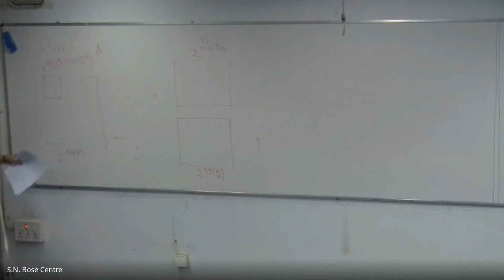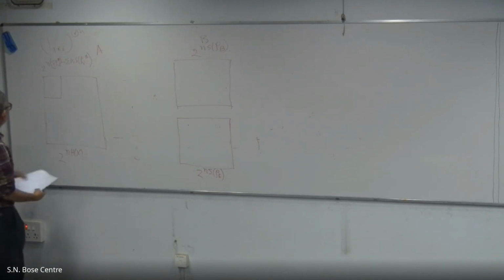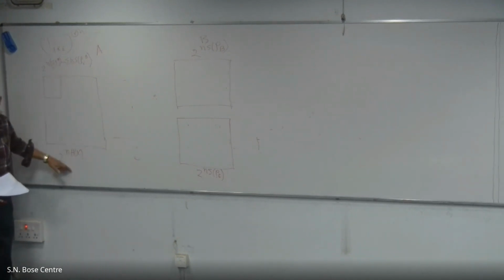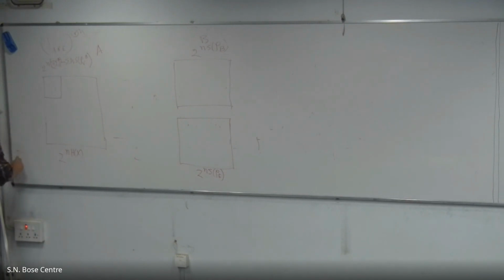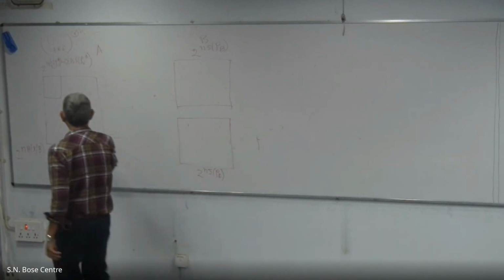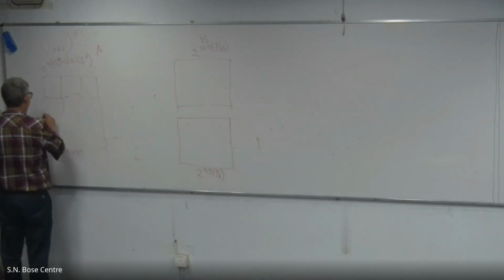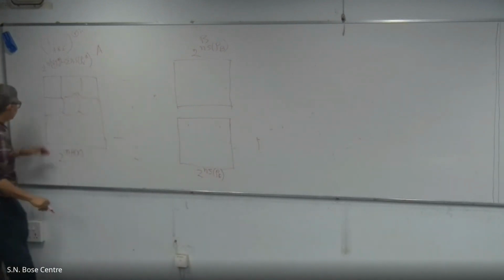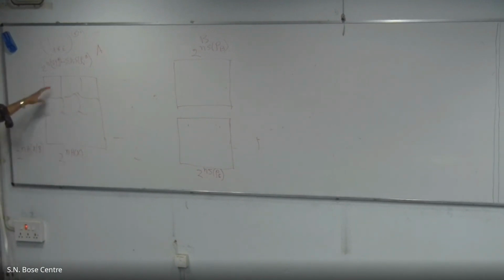So how many such boxes can I draw? You have to divide this thing by this thing. How many such boxes are there?